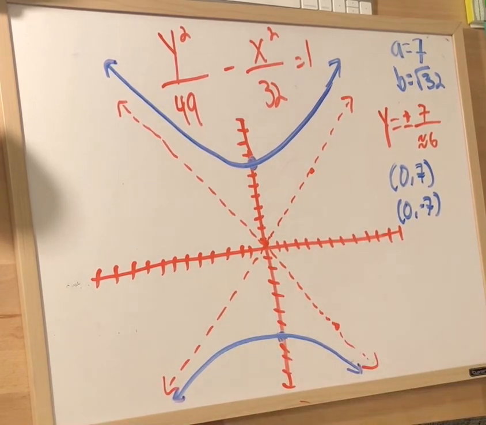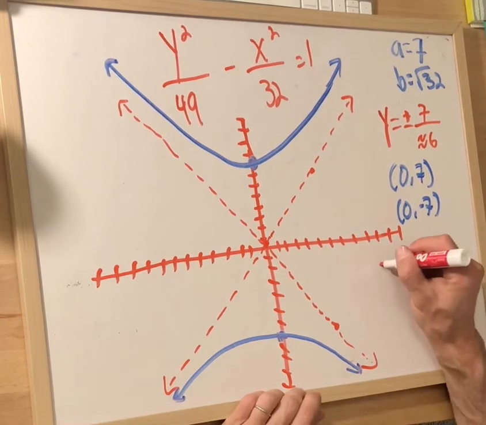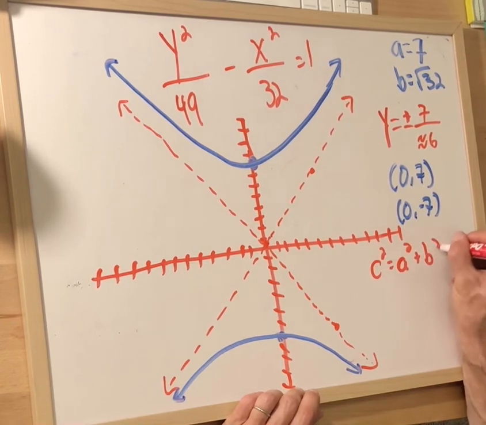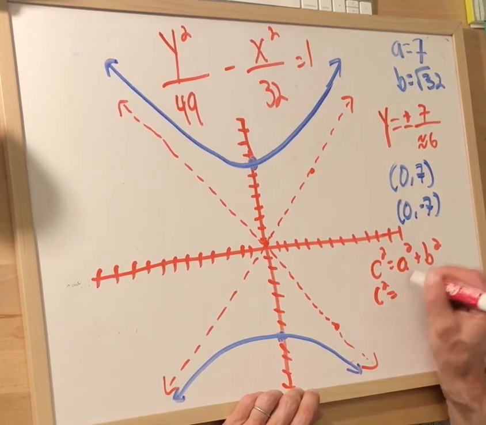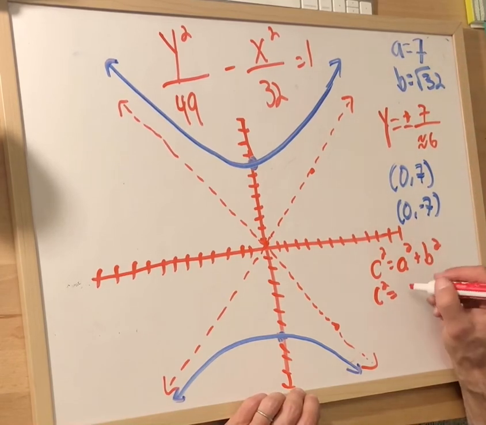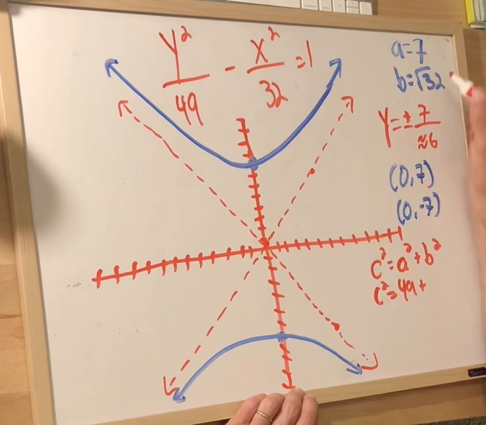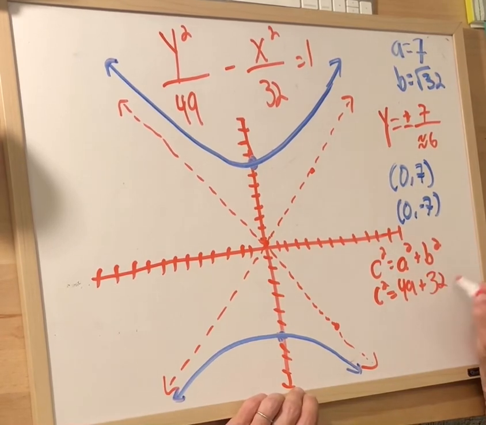Okay. Last thing I'm going to do is find my foci points. So I'm going to say c squared equals a squared plus b squared. So c squared equals 7 squared, which is 49, plus square root of 32 squared, where the root goes away and it's 32.